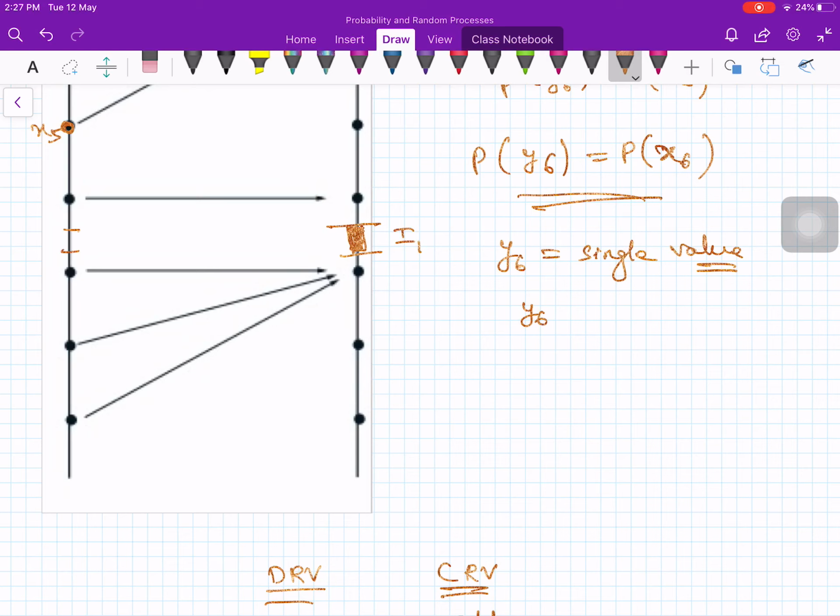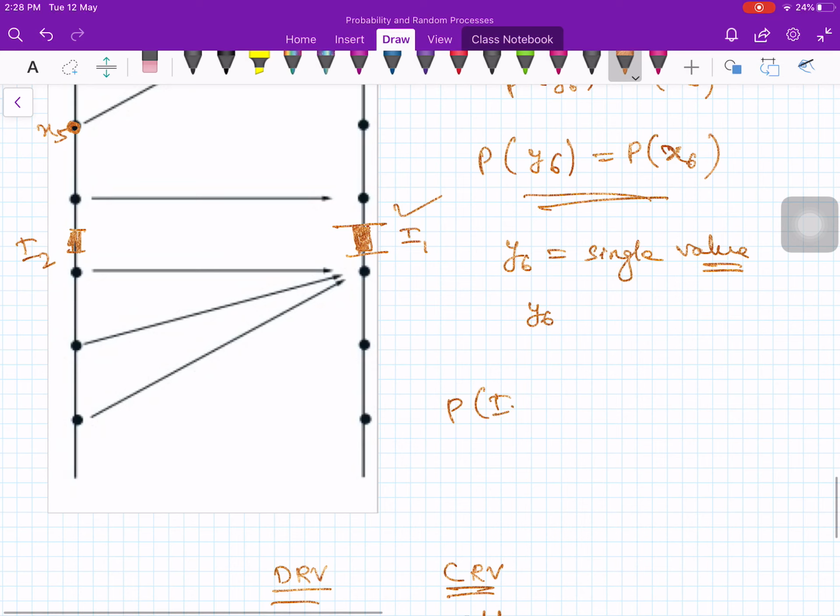Some other interval, let's say this is I2, interval 2. So I am looking at an interval for y here, and I ask, what is the probability of falling in this interval?